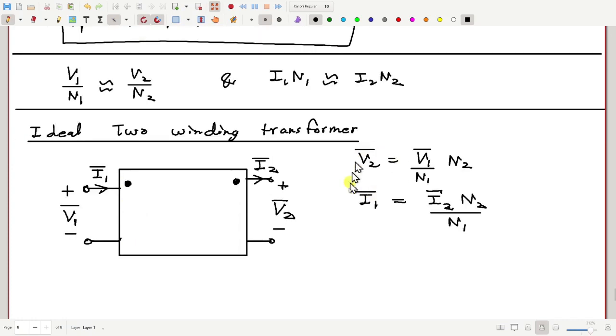If these two equations are satisfied, then we call this equipment an ideal transformer. Any equipment that satisfies these two equations perfectly is called an ideal transformer.